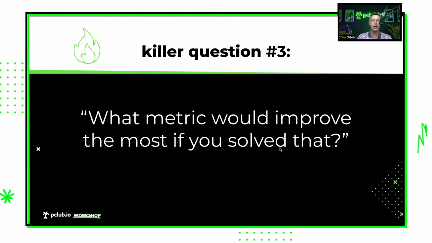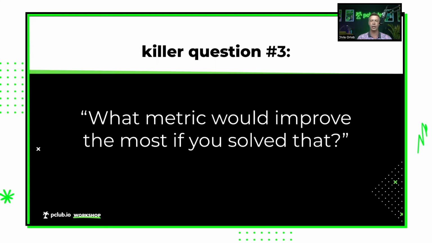And then question number 3 in the quick start formula, what metric would improve the most if you solved this challenge, right? You've got to ask these more or less in the right order. It doesn't have to be exact or one after the other, but each of these 3 questions builds on the previous one. And what this question is really powerful for is starting to quantify value, right?